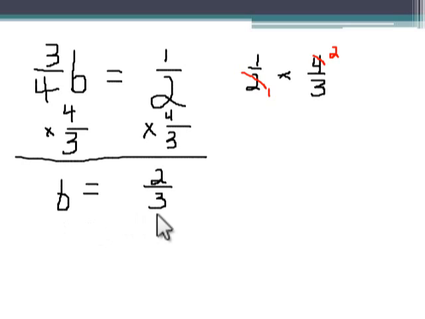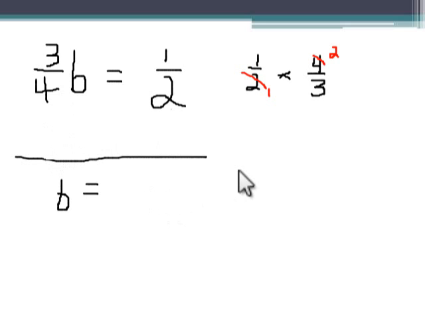Now, if we had mixed numbers, remember that the first thing we would need to do is change them into improper fractions. So let's look at one like that. Let's make it 1 3/4.